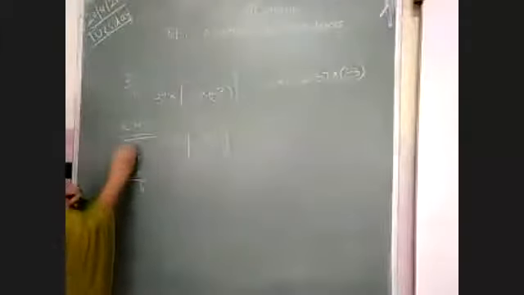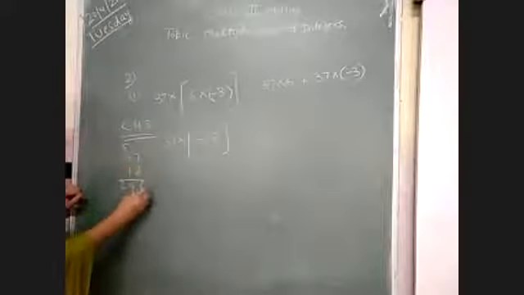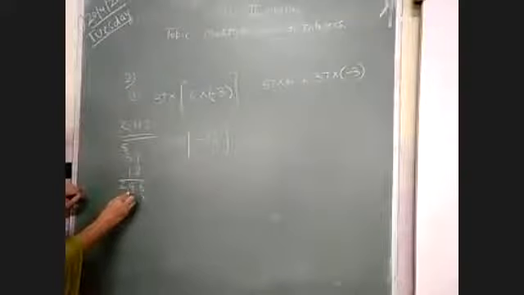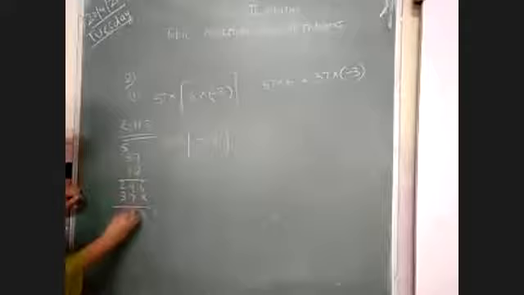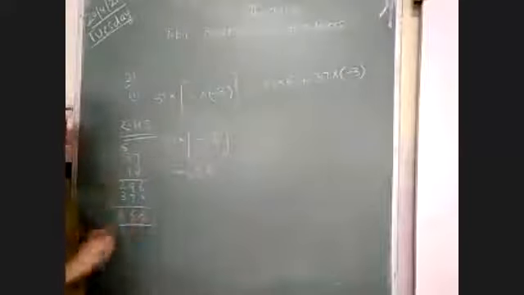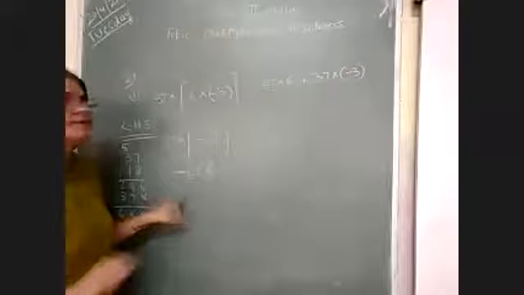Now 37 multiplied by 18, 8 sevens are 56, 5 we carry, 8 threes are 24 plus 5 is 29, and when we add these two, 666, and the sign is minus. Positive multiplied by negative, the result is negative.